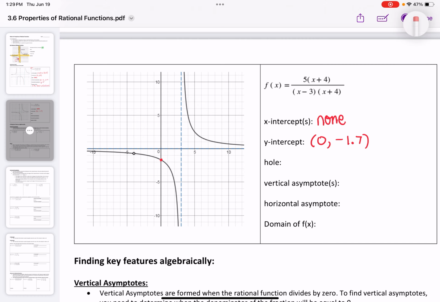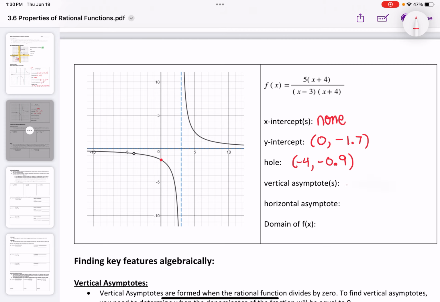There's also a hole in this graph. This hole here is at x equals -4, but we need to estimate what is the actual coordinate of this. So I would say something like (-4, -0.9). Maybe it's -0.8. I can't really tell, but we're estimating.